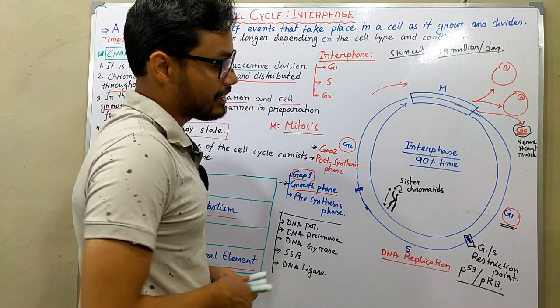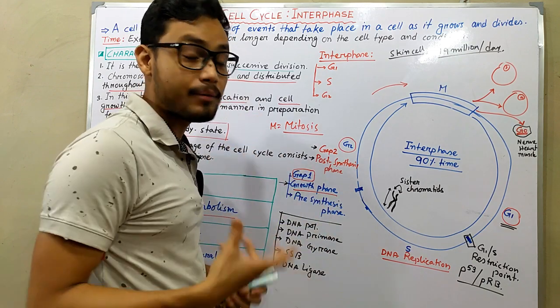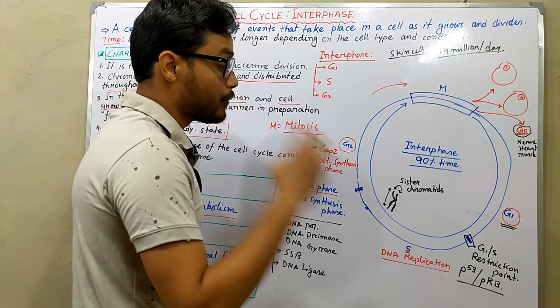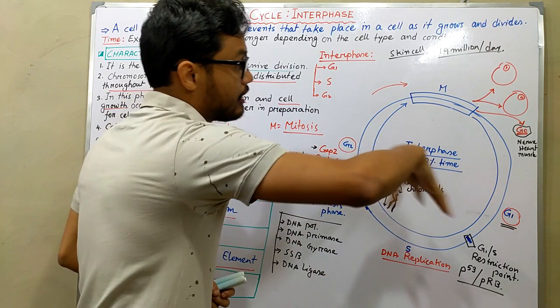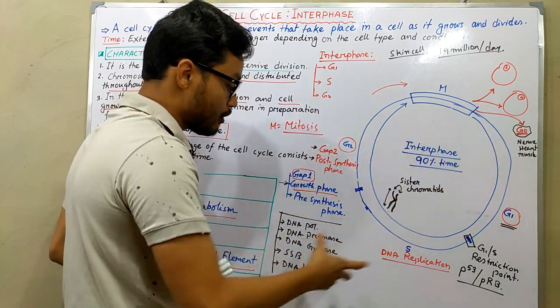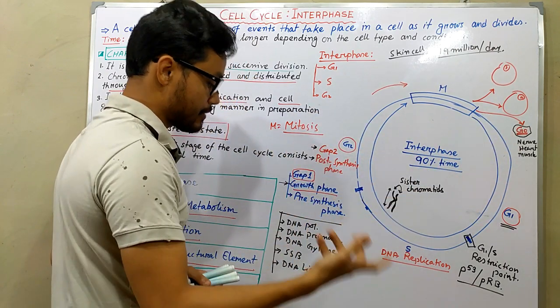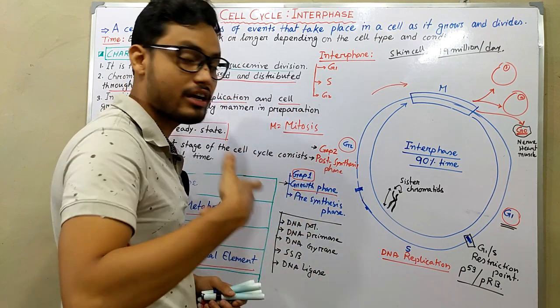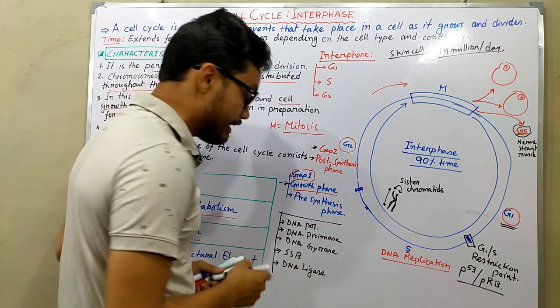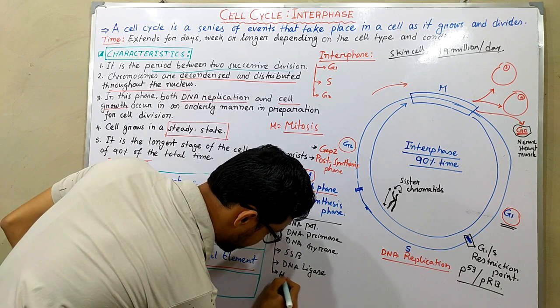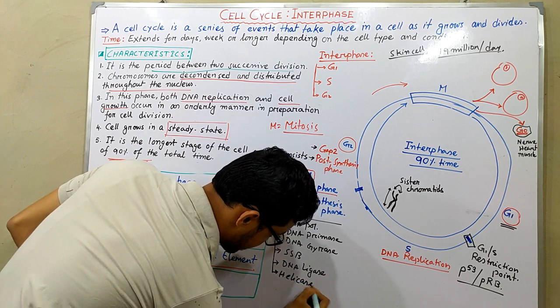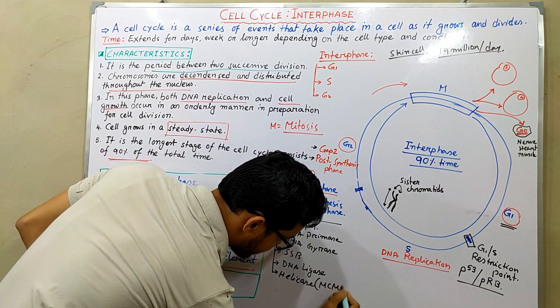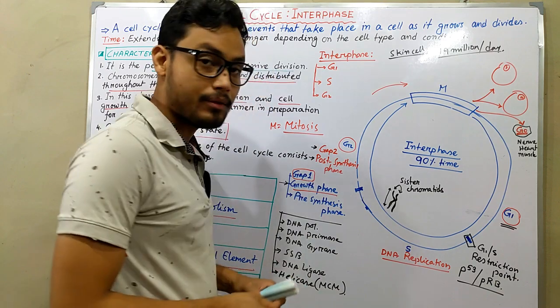Those genes produce their proteins, and those proteins continuously monitor the synthesizing molecules: DNA polymerase, DNA primase, DNA gyrase, SSBs, DNA ligase, and helicases. Helicase is built up by MCM proteins, mini chromosomal maintenance proteins.